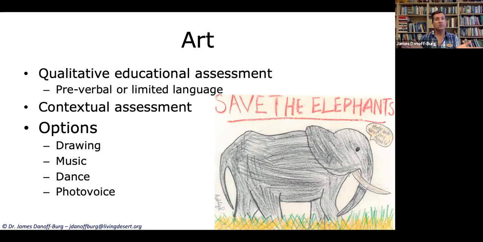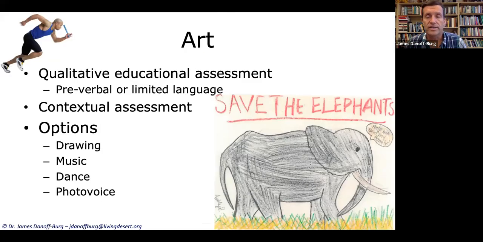Many of you are probably very creative, wonderful singers, or great dancers, or you like taking photos, maybe with your phone quite a bit. So for each of these, you can come up with ways to be able to assess people's perception using these different forms of art.